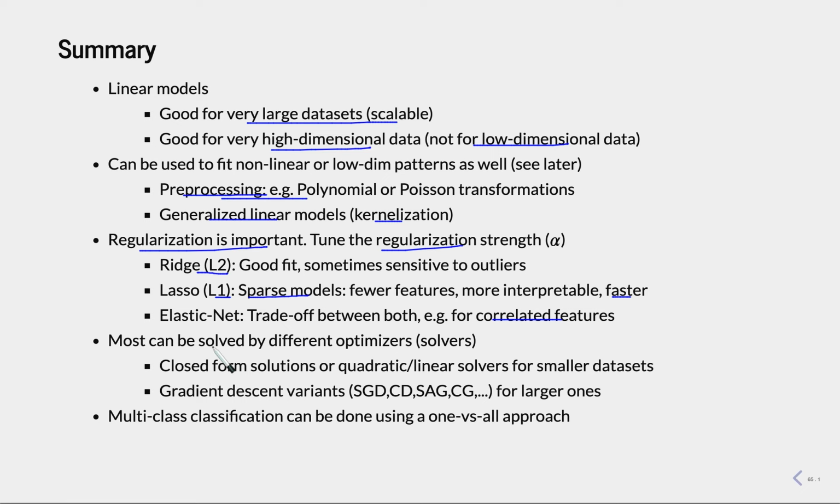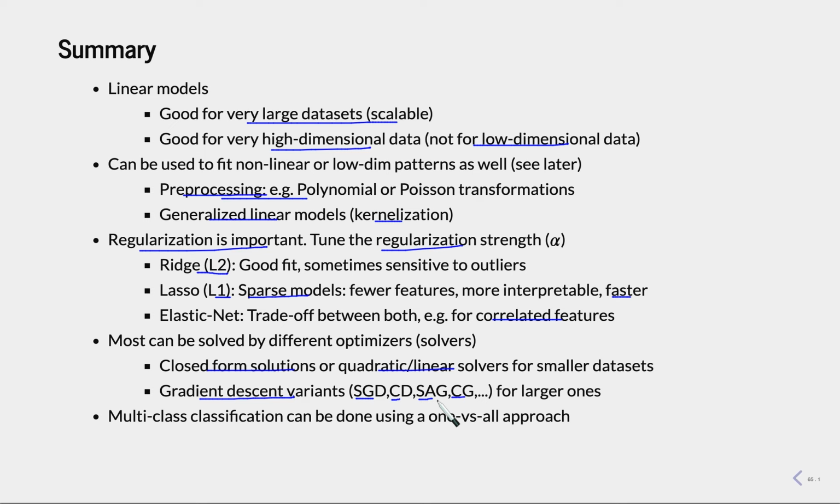Most of these can be solved with different solvers. Some of them have closed form solution or have quadratic or linear solver. All of these can also be solved with gradient descent, and this is typically useful if your data set is larger. Now you can still choose between variants. There's normal stochastic gradient descent, there's coordinate descent, there's stochastic average gradients or conjugate gradients.